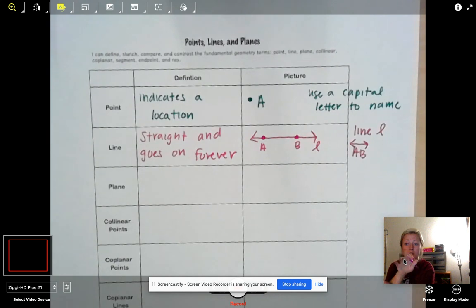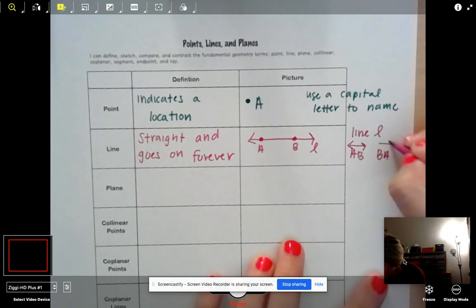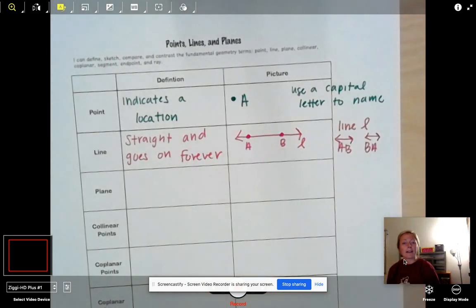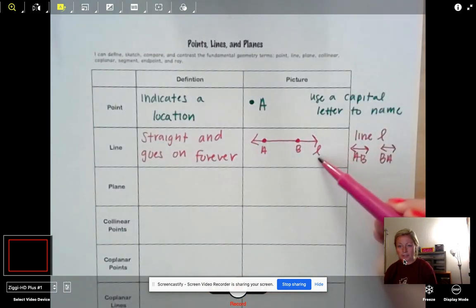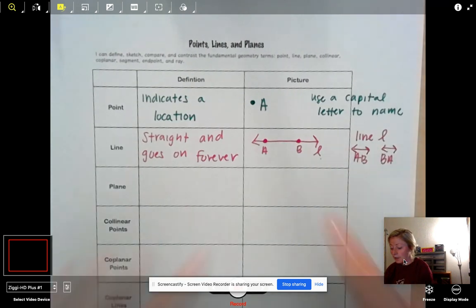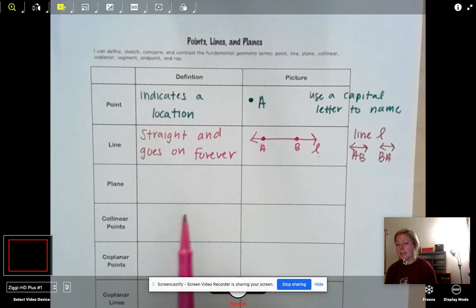Or you can reverse those letters and it could be BA. Those are all the different ways to name that line, with the little cursive letter in the corner or with 2 points. Just remember, it's straight and it goes on forever in both directions.